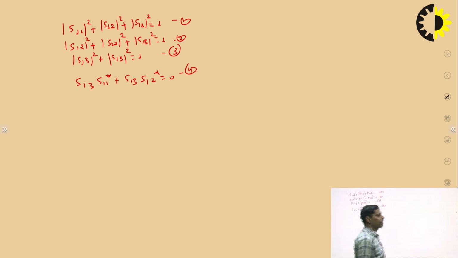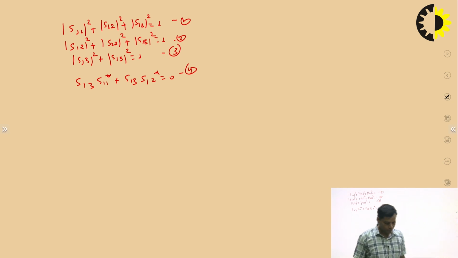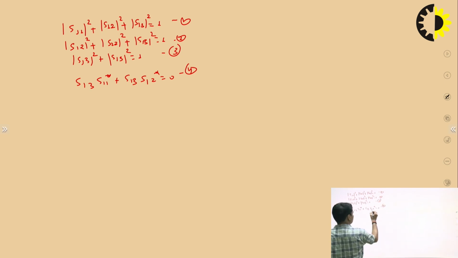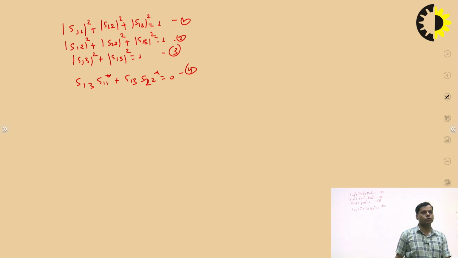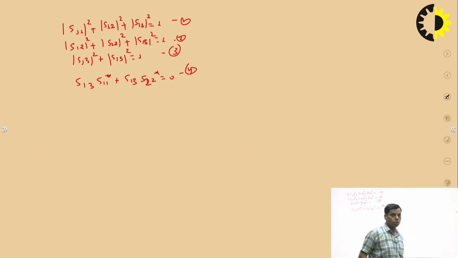So now our task is, with the help of equation 3, to get S22. After solving these four equations we can get the values of this matrix S11, S12, S13, S12, S22, S13, S13, S13, 0. So we can now calculate all these.